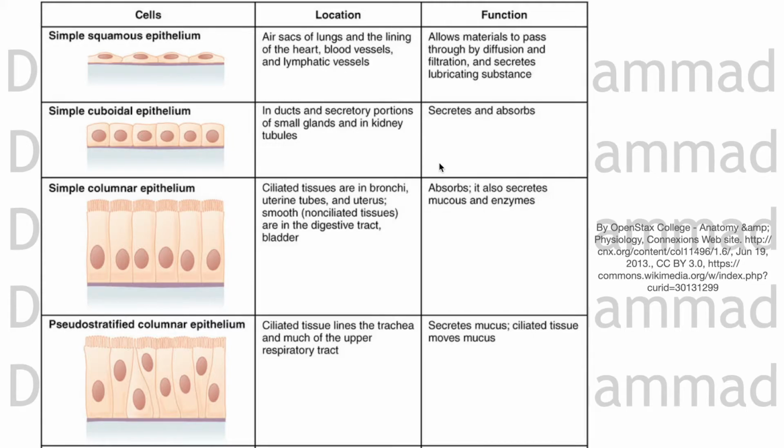They secrete and absorb molecules. Simple columnar is in the bronchi, uterus, and digestive tract. It absorbs and secretes mucus. Pseudo-stratified columnar epithelium, as said, is in the respiratory tract and secretes mucus, with cilia to move the mucus.